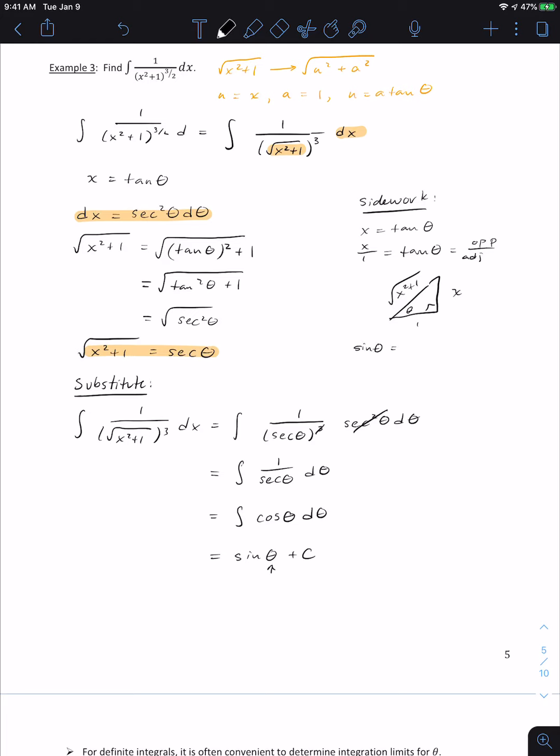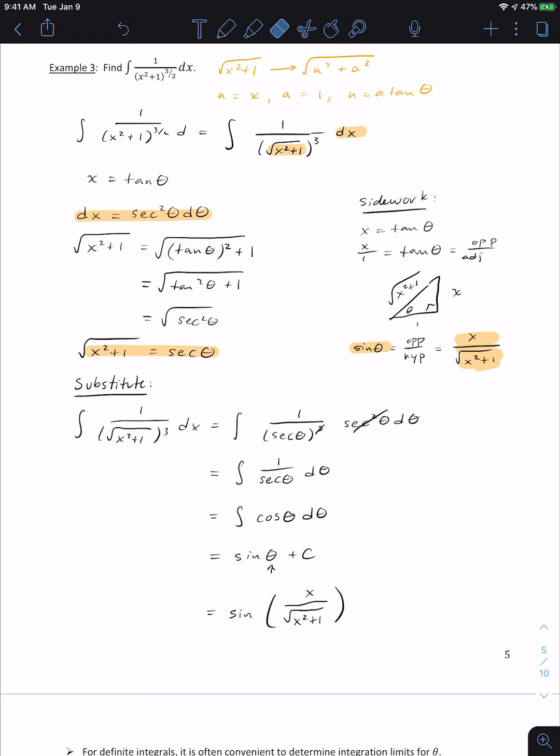Sine theta is opposite over the hypotenuse. Our opposite is x, our hypotenuse is the square root of x squared plus 1. That's our last substitution. So I get sine theta is x over the square root of x squared plus 1.